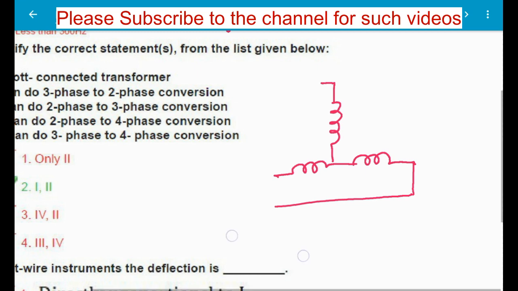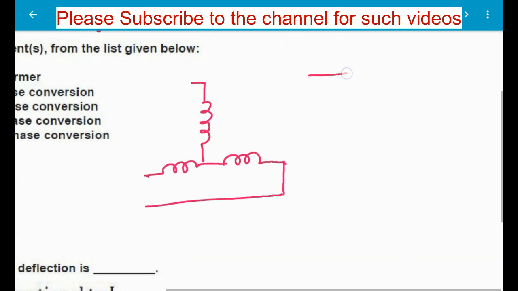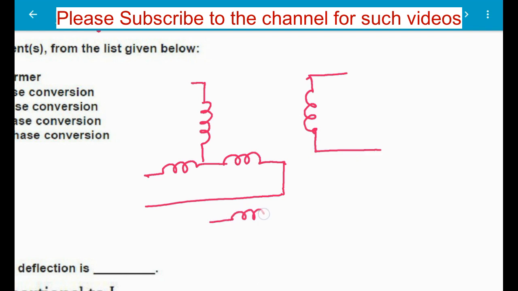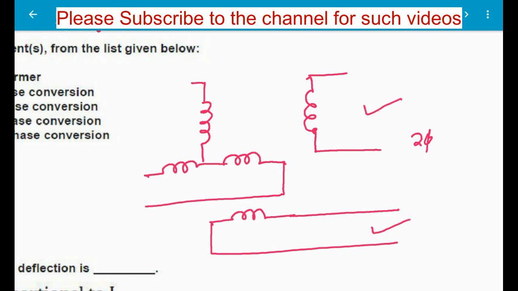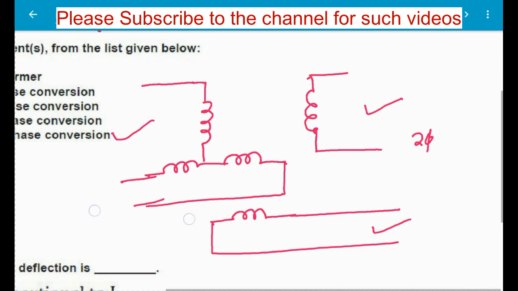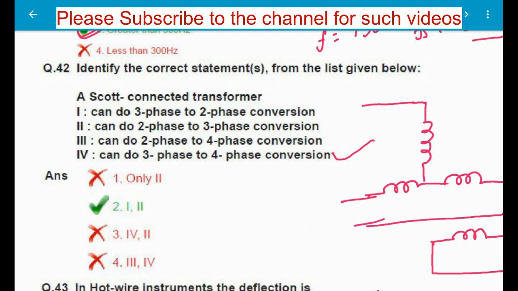The Scott connection can convert 3 phase to 2 phase. Here the output has 1 phase and 2 phase, and the input is 3 phase. So it can convert 2 phase to 3 phase and 3 phase to 2 phase. So option 2 is correct.